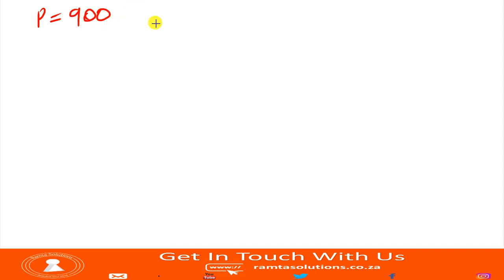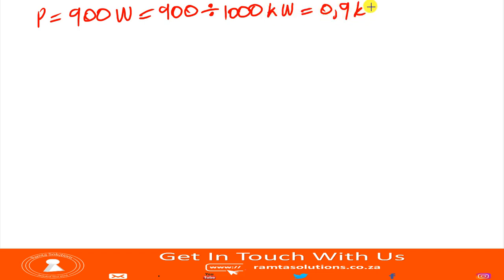When we want to convert it to kilowatt, we will divide by 1,000. When we divide it by 1,000, we get kilowatts. So this will be 0.9 kilowatts. Now, the time, let's go check the time.